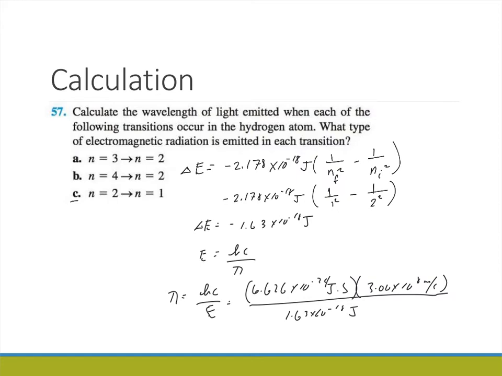And again, I'm dropping the negative sign because you can't have a negative wavelength. And we're talking about the absolute energy of the photon. And this is lambda equals 1.15 times 10 to the minus 7th meters, or 115 nanometers, which is in the ultraviolet portion of the spectrum, the UV.